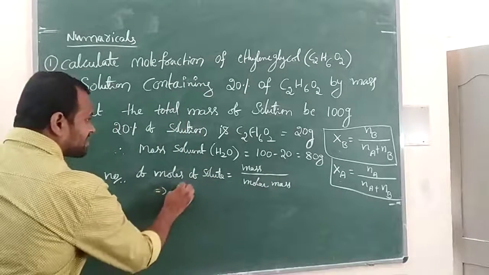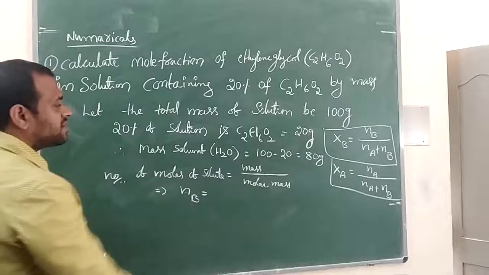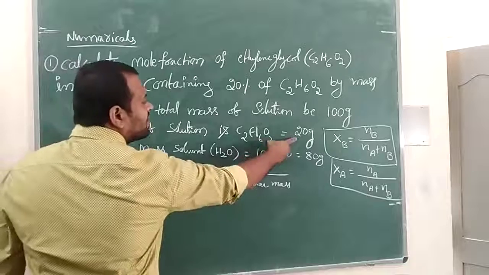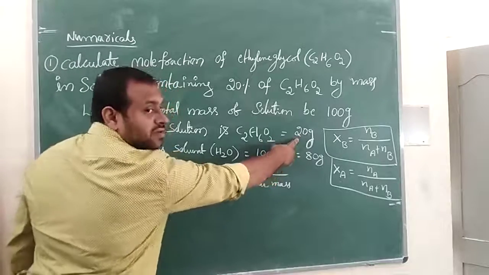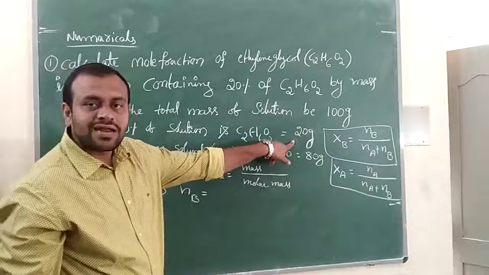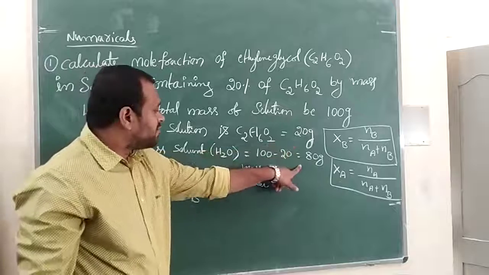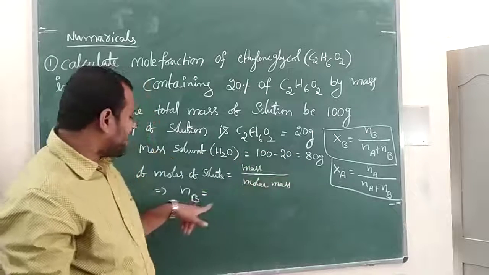That implies NB is equal to number of moles of solute. What is the mass of solute? Solute is ethylene glycol. Why? Because it is present in less amount. Are you following? Sure, right? It is present in less amount. Ethylene glycol is solute. Water is present in larger amount, hence it is solvent.